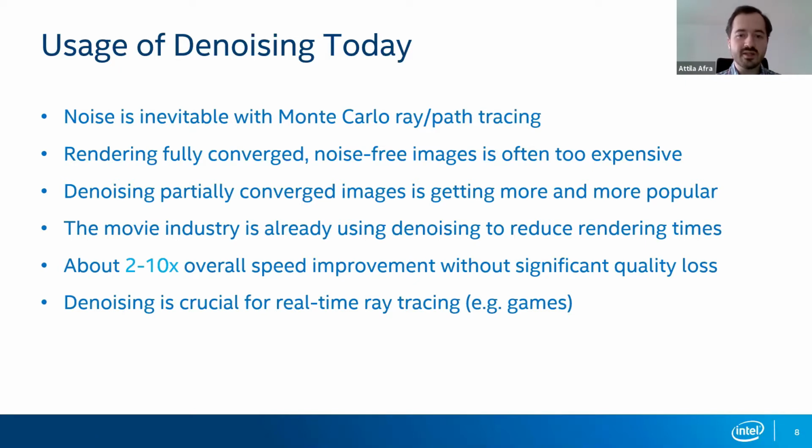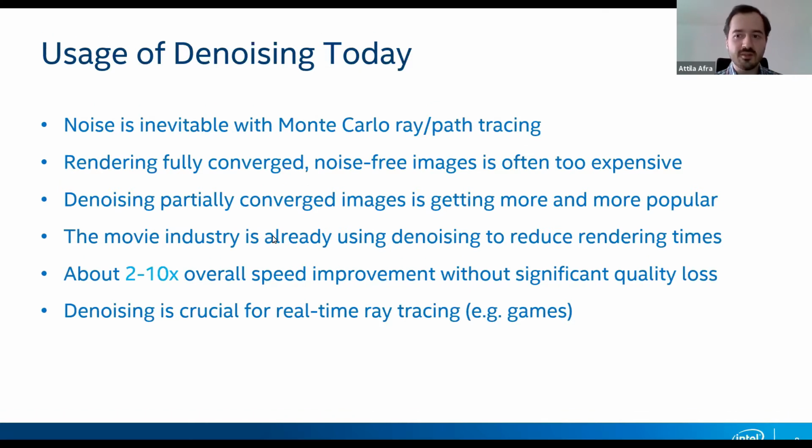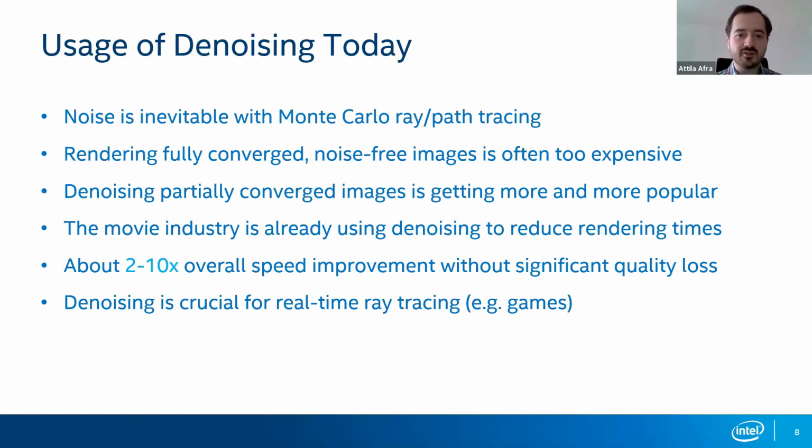Denoising nowadays is getting more and more popular because noise is pretty much inevitable in Monte Carlo ray tracing and path tracing solutions. This means essentially that in many cases, rendering fully converged images is just too expensive. So the solution is basically rendering partially converged images and then denoising them with some kind of algorithm.